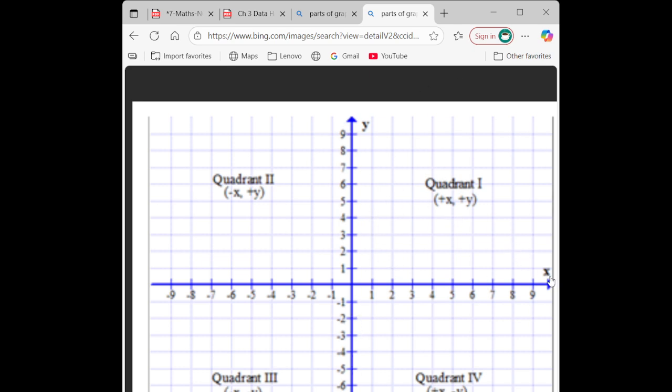So this area, it has all the positive numbers of x and y, and this is known as quadrant 1, plus x plus y. This is known as quadrant 2. Here all the x is minus and y numbers are plus, positive. This is quadrant 3. Here both are minus, and here quadrant 4, which has x plus but y minus.